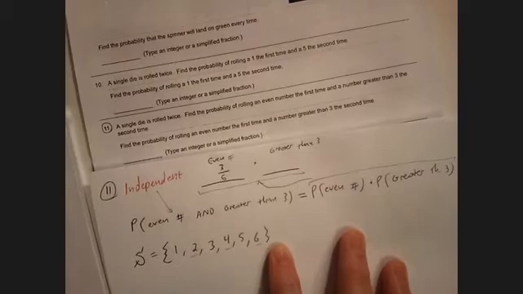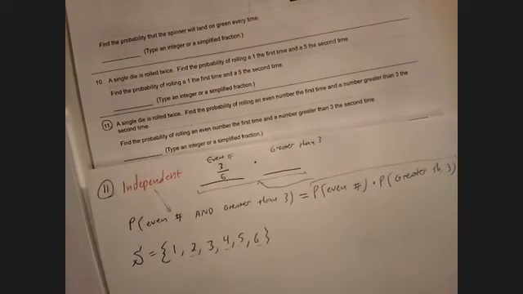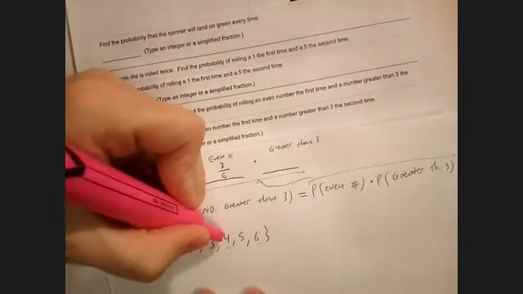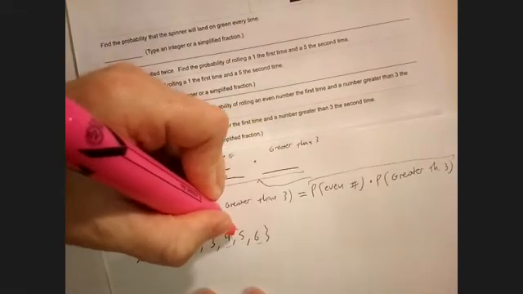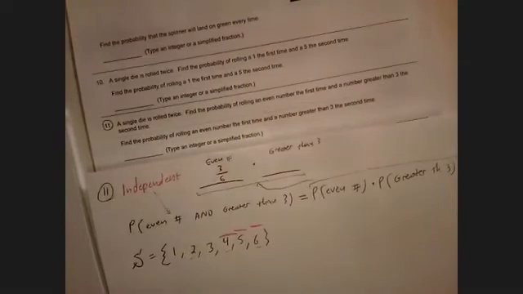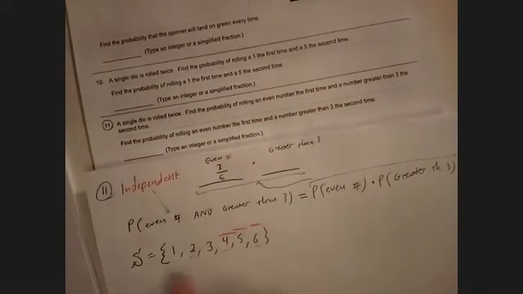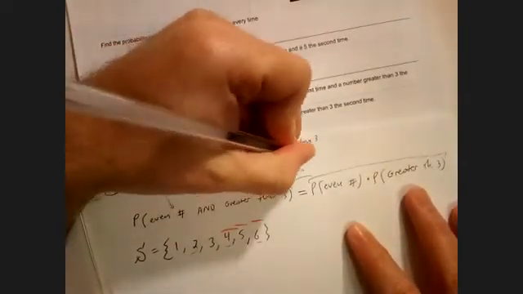And then the probability of rolling something greater than 3 is also 3 over 6. I'm just drawing some lines over my numbers. I could write that out again: 3 over 6 times 3 over 6.